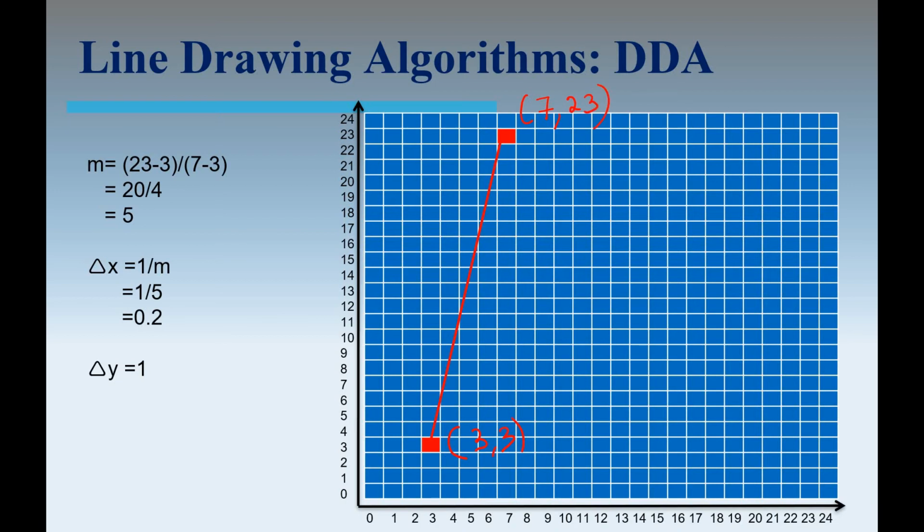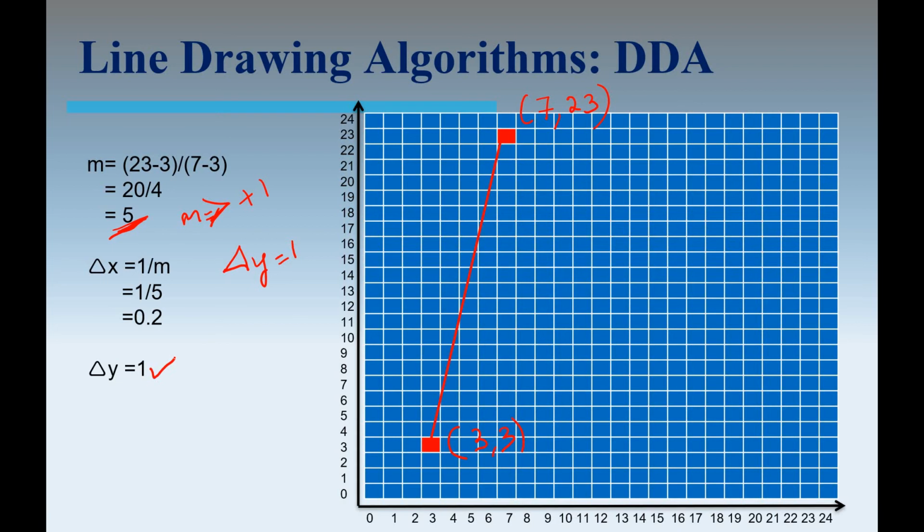When we calculate this, we know the formula already. m equals 23 minus 3 divided by 7 minus 3, which is 20 by 4, and then we have 5. Now the value that we calculated is much larger than 1. In this particular case, the change in the y-axis will be 1.